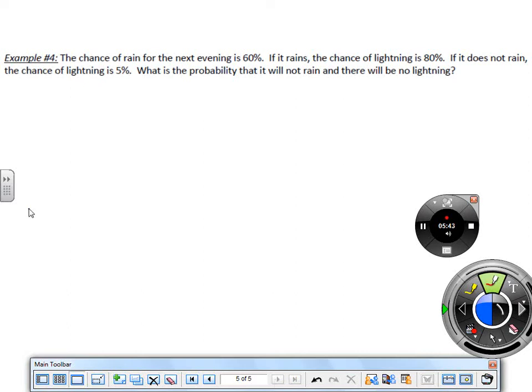So let me first say, okay, we're trying to calculate the probability of no rain and no lightning. We know from the past we can multiply those two probabilities together because it's an and problem.